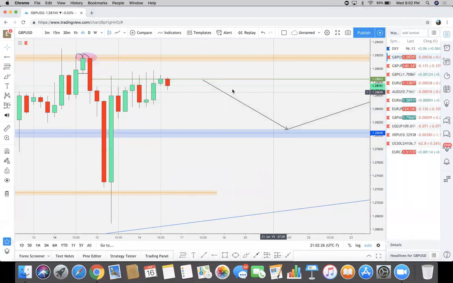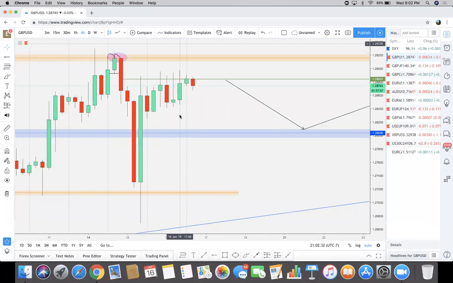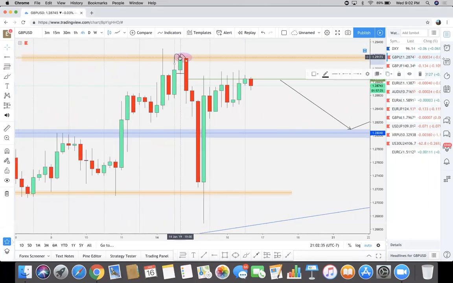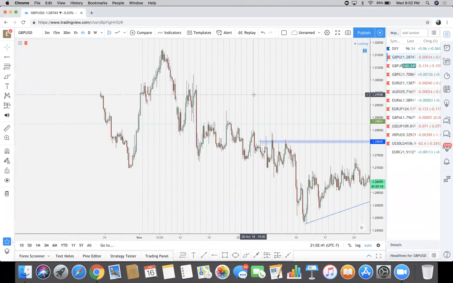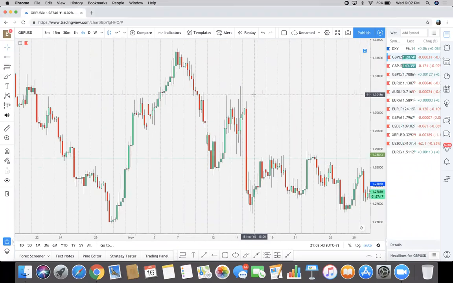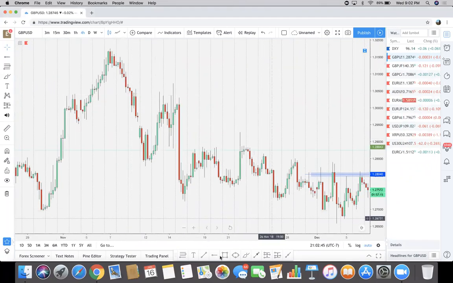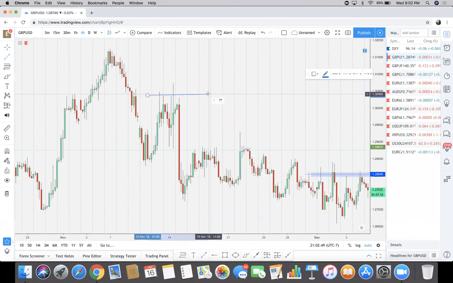What's the difference between resistance and consolidation? So resistance is also referred to as a ceiling. So okay, this right here would be considered resistance right there.